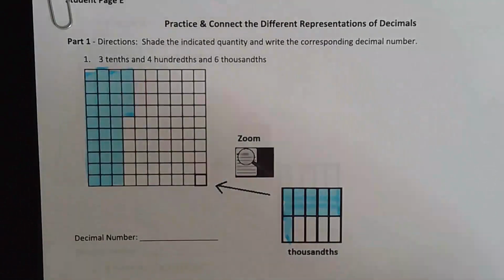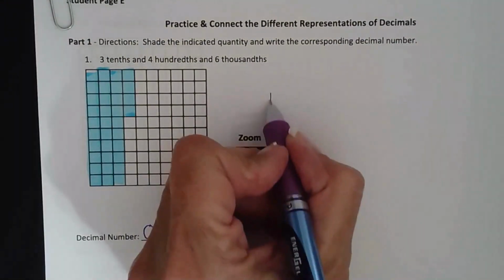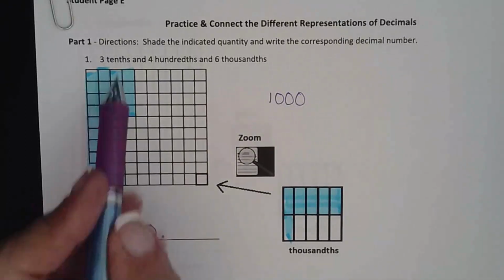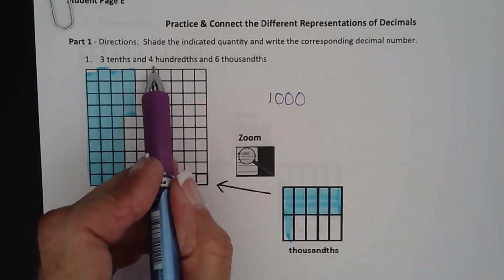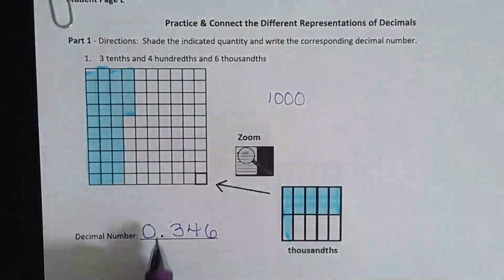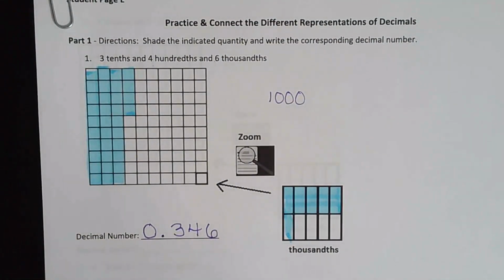And thousandths, the number 1,000 has 3 zeros, so that means thousandths has 3 decimal places. So the tenths place is going to be a 3, the hundredths place is going to be a 4, and the thousandths place is going to be a 6. So tenths, hundredths, thousandths. So that is the decimal number.